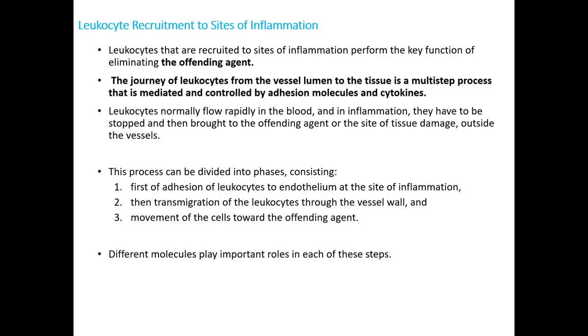So the leukocyte should adhere to the endothelium in order to be attached to the wall of the blood vessel, and then it will pass outside to the extravascular tissue. Then transmigration of the leukocyte through the vessel wall, then movement of the cell toward the offending agent. So different molecules play an important role in each step of these in order to complete the process.